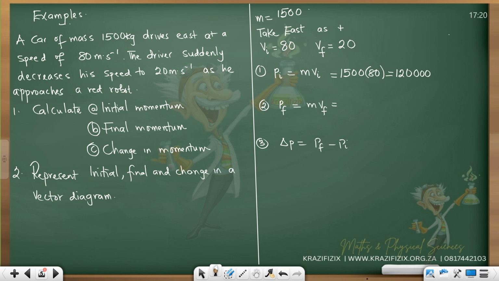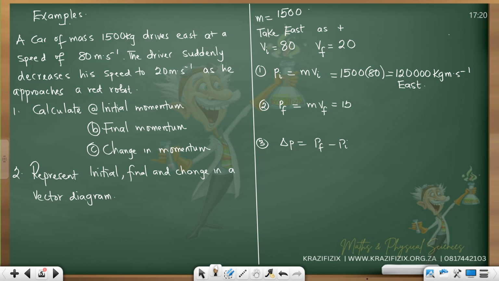Is that what you got? Okay, kilogram meters per second, and it's positive, right? So east. If you don't write that east, your answer would be wrong. It is a vector quantity.